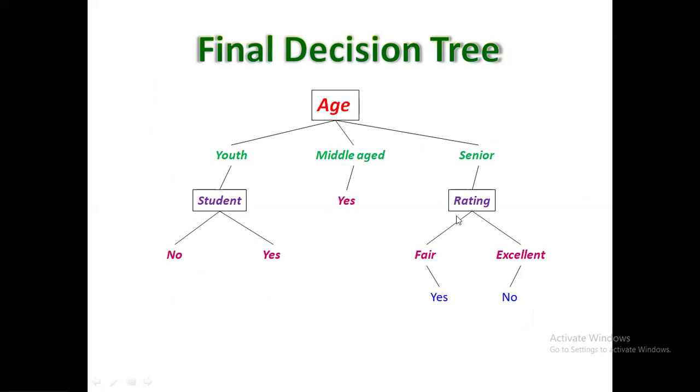For middle-aged, it is only yes. For the senior, the decision is based on the product rating, yes or no. If the rating is fair, the decision is yes. If excellent, then no. All middle-aged customers in the training data bought a computer, so the model directly classifies this age group as yes without further splitting.